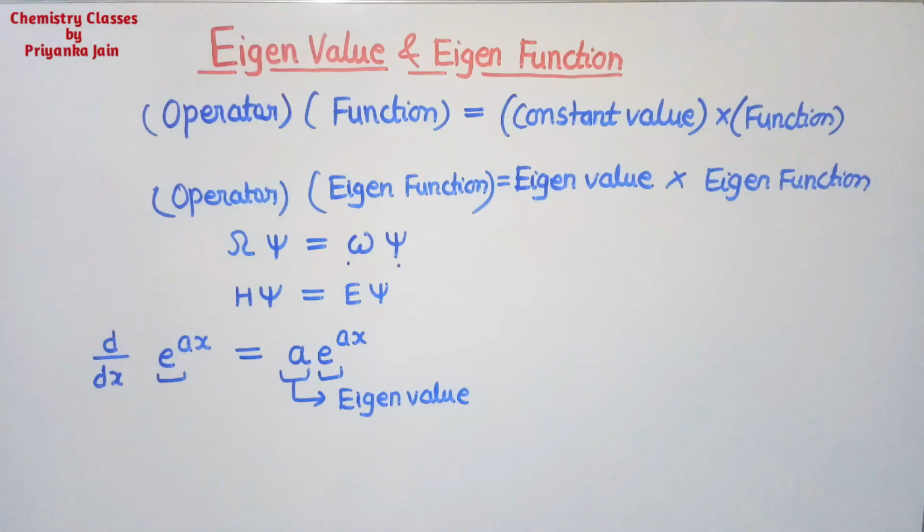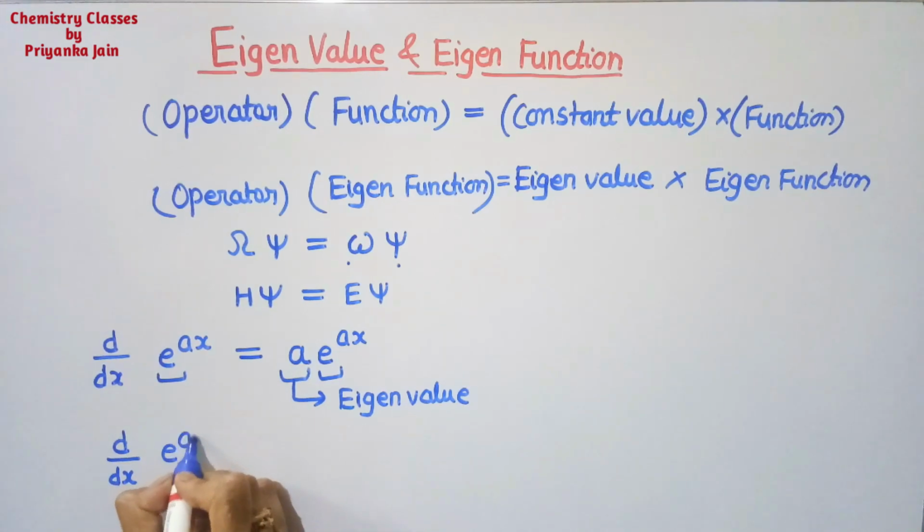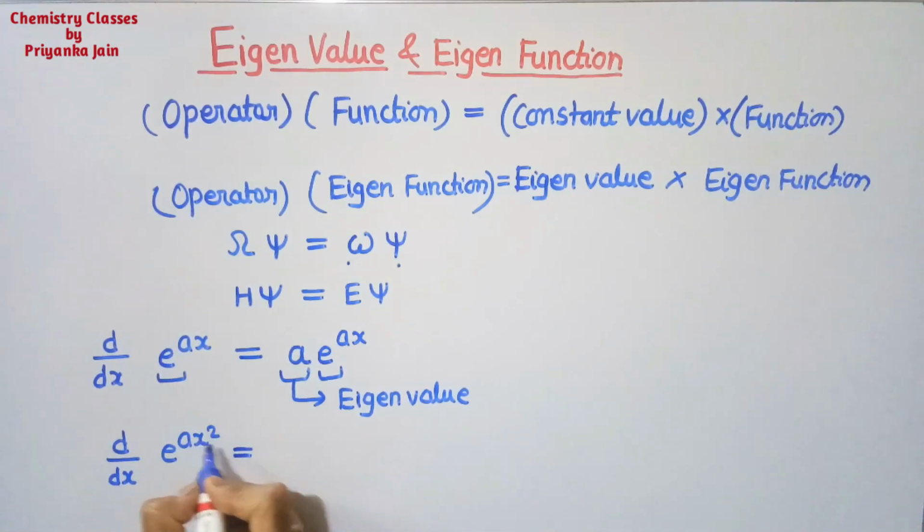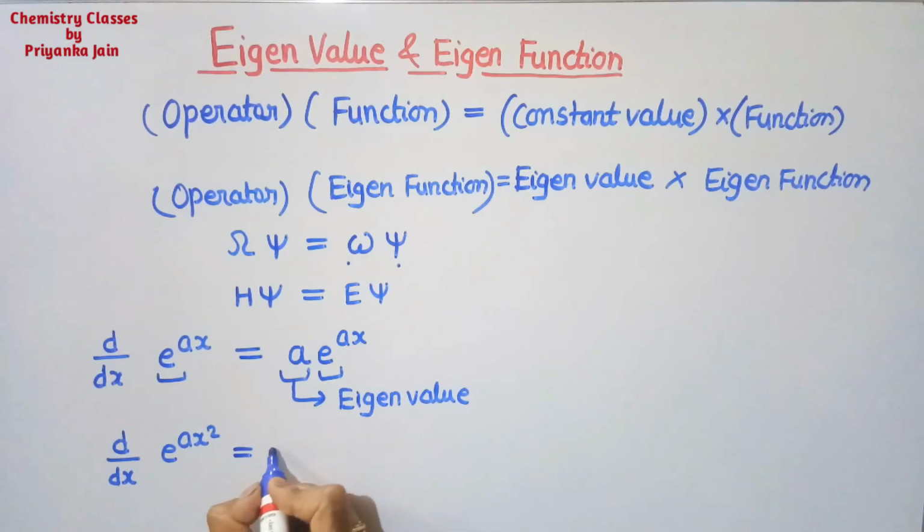Similarly, if we are given another function, with the same operator, e to the power a x square, now do its differentiation. Its differentiation will be equal to 2ax, right?